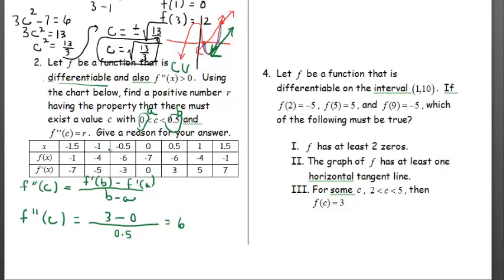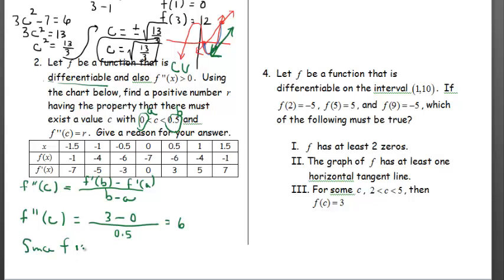All right, give a reason for your answer. They're just wanting you to use some words. So what we're going to do is just throw in the mean value theorem here. We want to state the condition that allows us to use the MVT, and that's just differentiability.